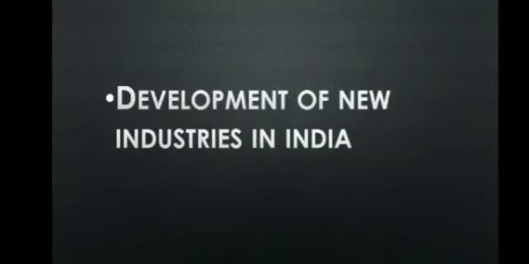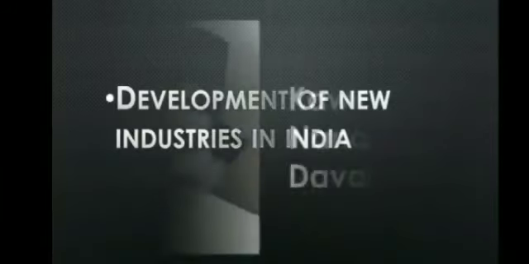Development of new industries in India. Due to lack of capital and support of British, the Indian businessmen could not set up industries in large numbers, yet some of them started their new business. Kawasji Nanabhoy Davar started first textile mill in Mumbai in 1853.